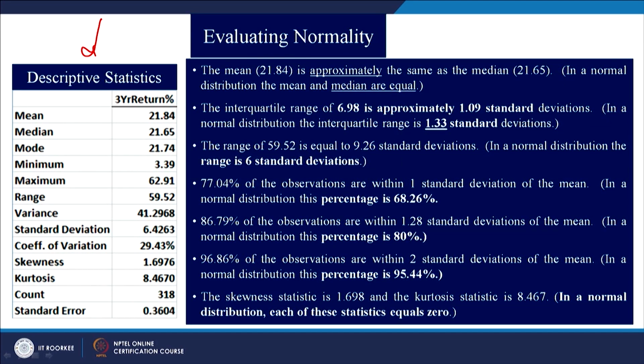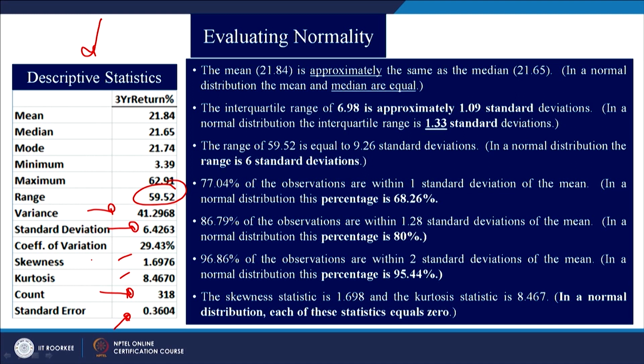Mean was 21.84, median, mode, minimum value, maximum value, range, variance, and the square root of this variance is the standard deviation, then skewness, kurtosis. There were 318 data points and the standard error is 0.36.